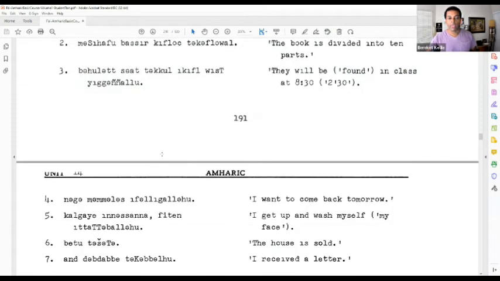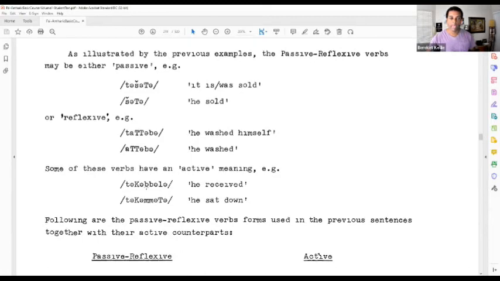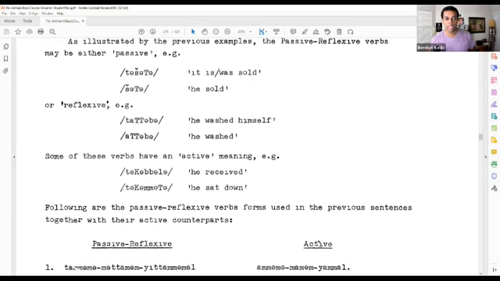Now, some of these verbs may have an active form. So like in this example here in this section, down at the bottom there, you see takabbala, he received, takamata, he sat down. So when you look at it, it looks like a passive reflexive form, but the actual meaning is active rather than passive.